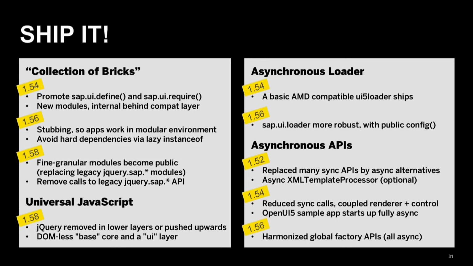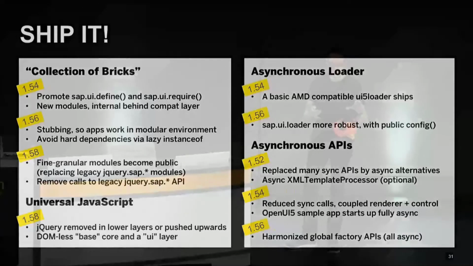With the XML template processor, you can switch to async behavior. And we replace many of the sync APIs throughout the framework code already with async variants. We also strongly coupled the renderer to a control because de facto it was required together anyway. So we made this dependency explicit.